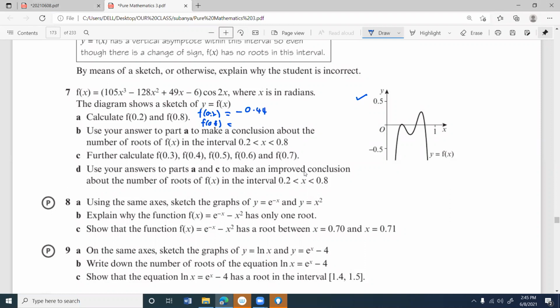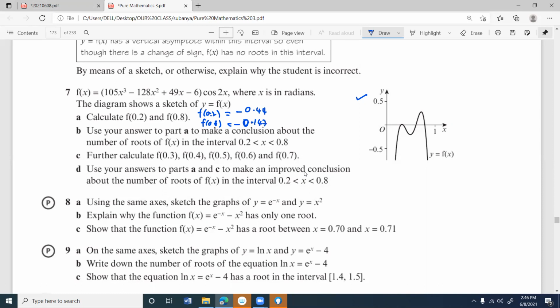Then the next one is 0.8. If I put 0.8, we'll see what the answer is: minus 0.147.